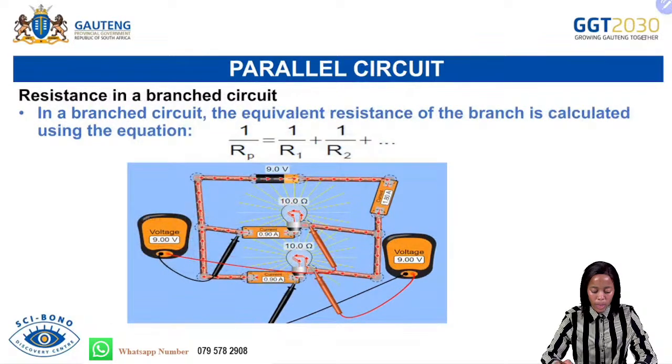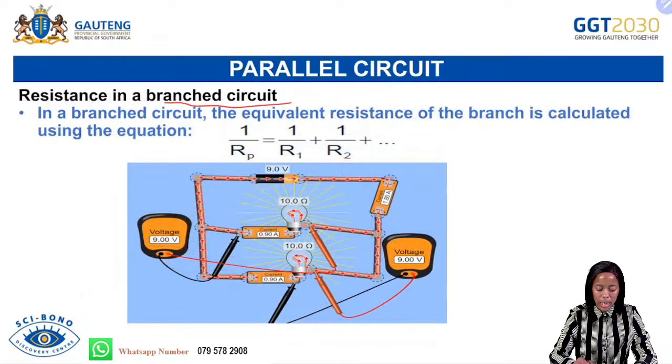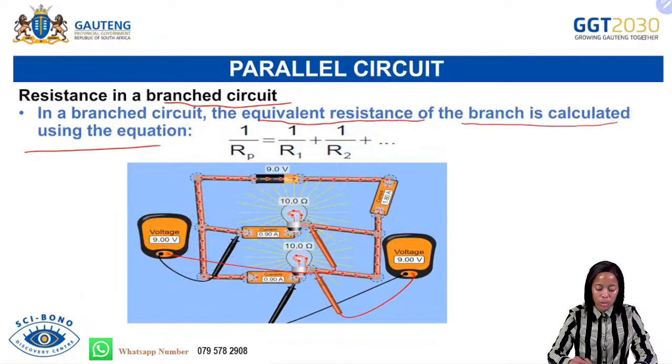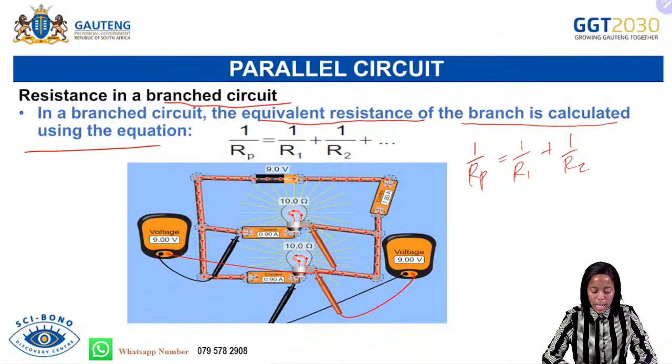Okay. Next we have resistance in a branch circuit. It says that in a branch circuit, the equivalent resistance of the branch is calculated using this equation. If you are to calculate your resistance, you would have to look at how many resistors you have.